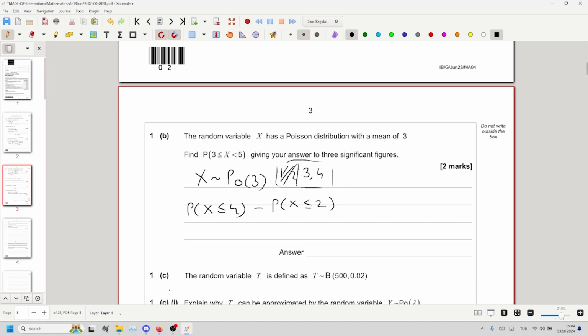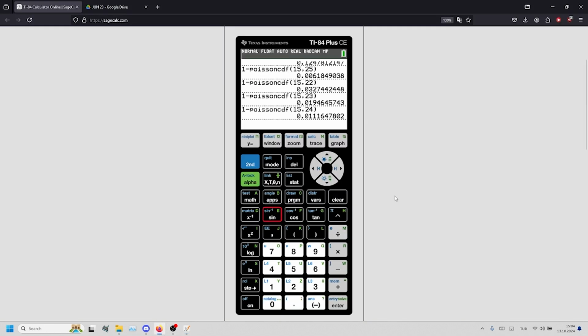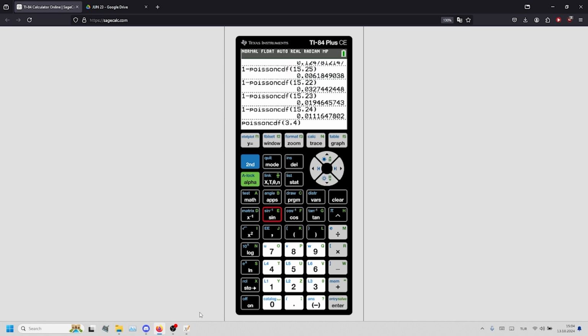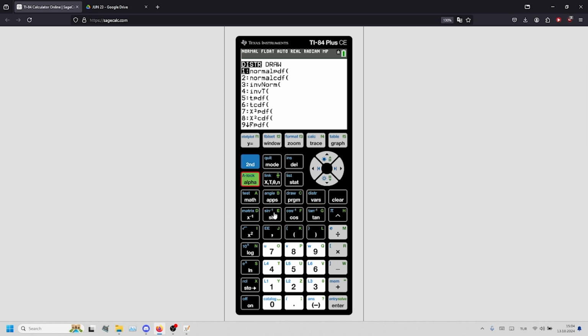So that will be the Poisson CDF with mean 3 and X value 4, minus Poisson CDF with mean 3 and X value 2.